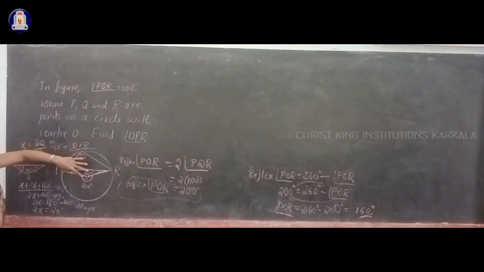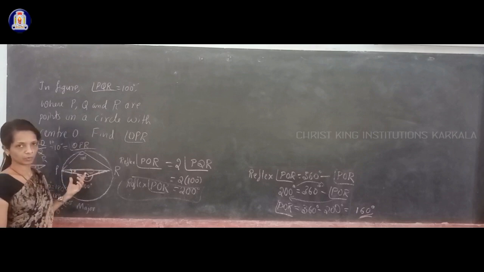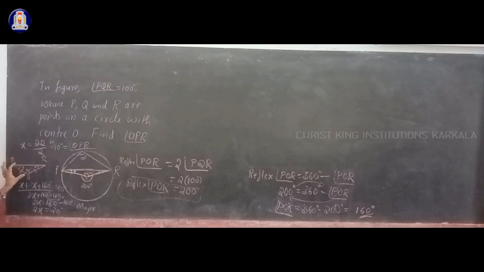And if you observe the figure, you can see that OP and OR are radii of the circle and they are equal, and they are sides of this triangle OPR. If two sides are equal, then the angles opposite to them are equal. So by that we took both angles as the same x. Next we use the interior angle theorem of a triangle: sum of angles in any triangle is 180 degrees.